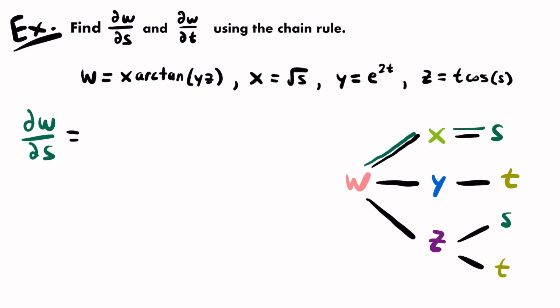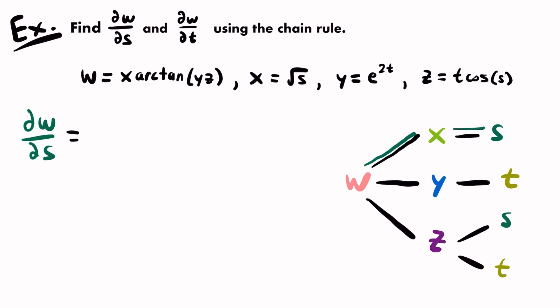Because technically you could draw a branch to t for x, but when you take the partial derivative of x with respect to t, you're just going to get 0. Because there's no t's here, the square root of s is just a constant, so its derivative is 0. So that partial derivative really doesn't even exist. That's why I didn't write it there. It makes our tree a little bit simpler to look at. And that partial derivative being 0 will come into play later, and so stay tuned for that.